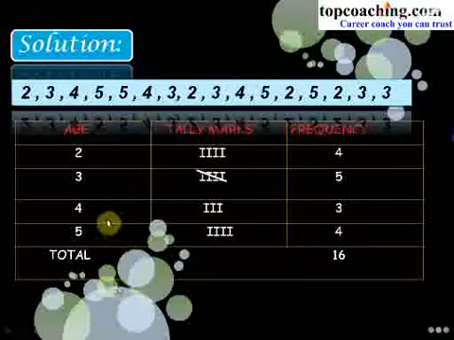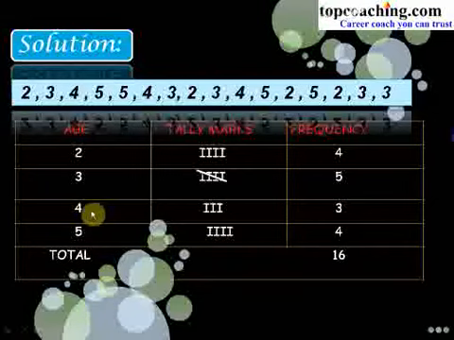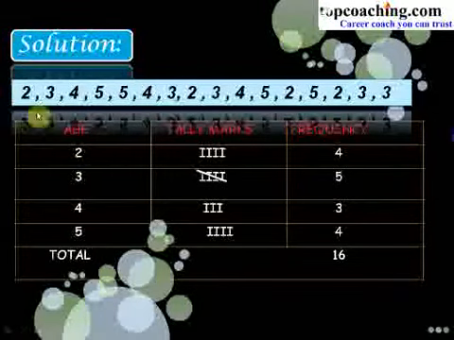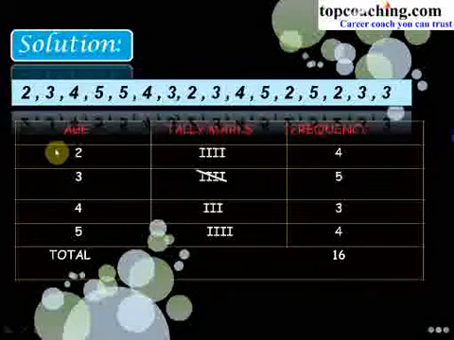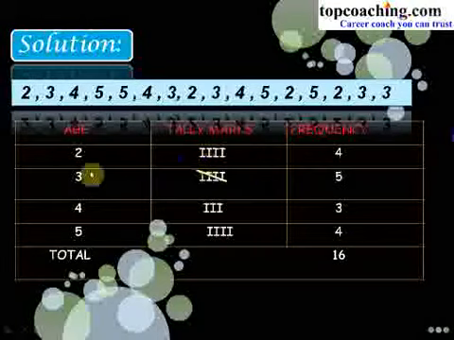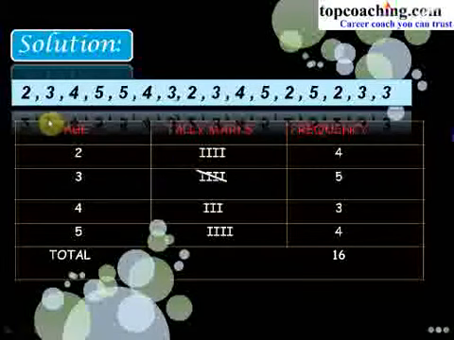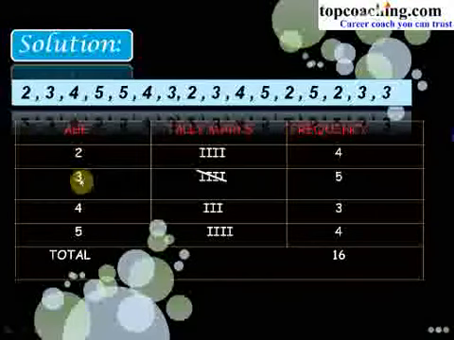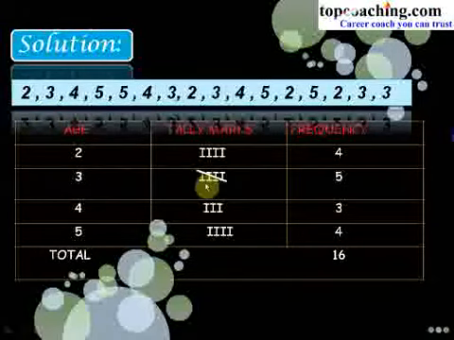Let's see. We look at the first value in the given raw data, that is 2, and put a vertical bar line in the second column opposite to it. Now we see the second value, 3, and put a vertical bar opposite to it.